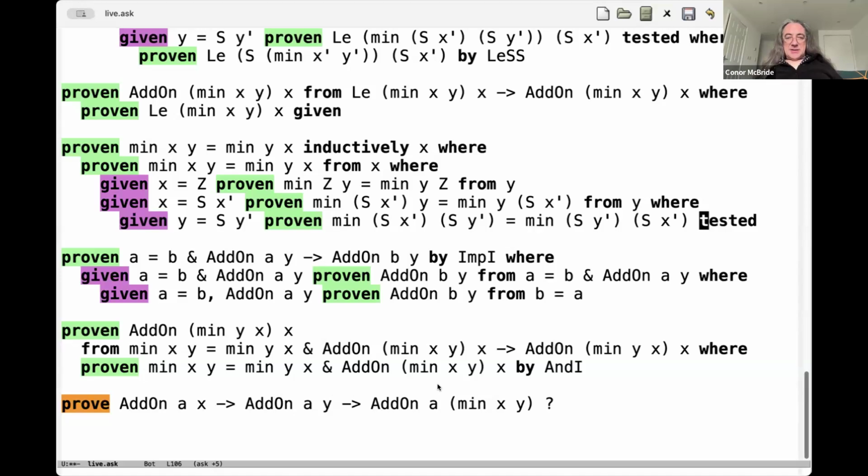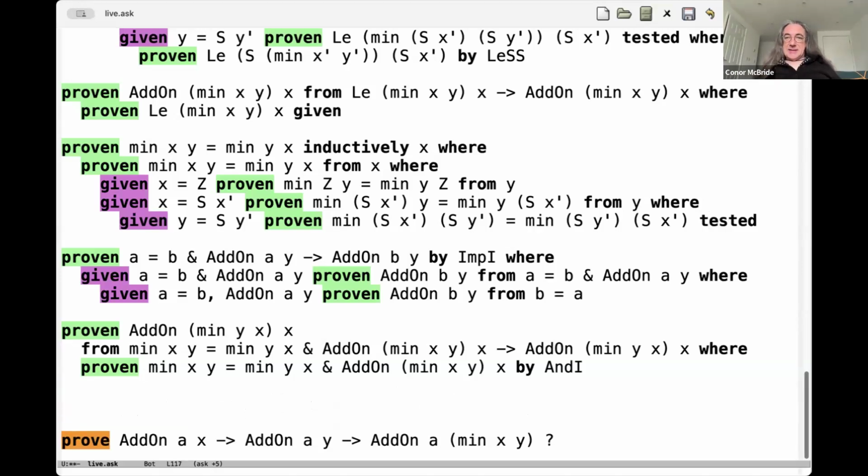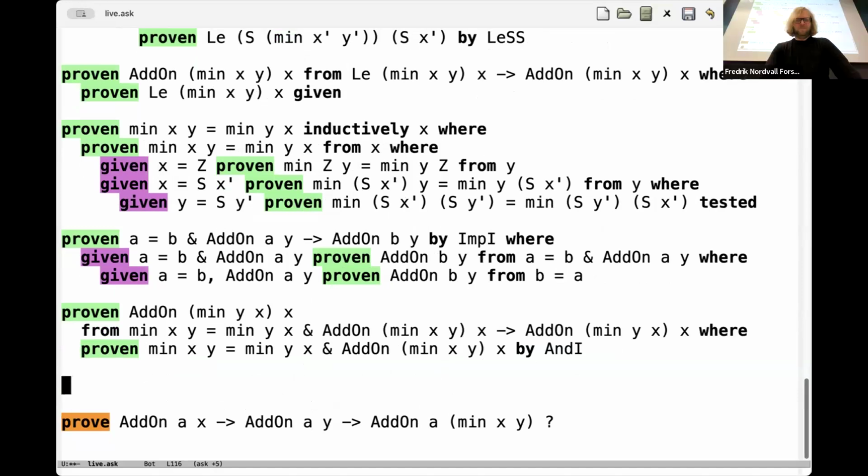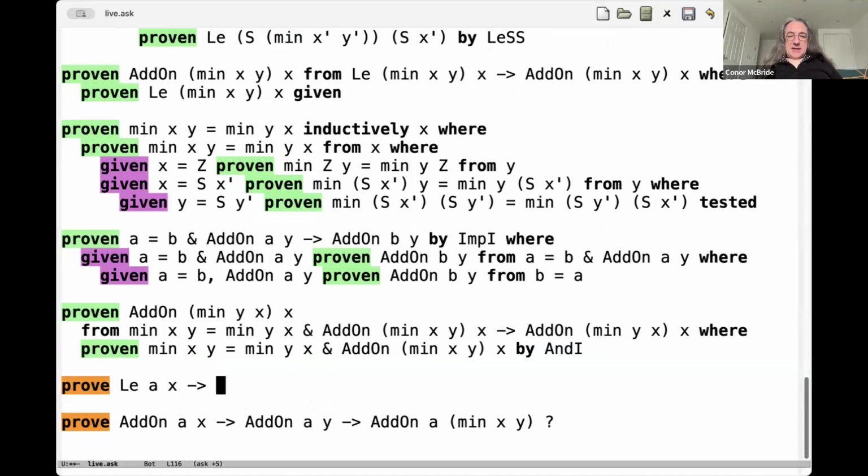Yeah, I guess what I'm actually going to do is to do it the less than way. So I'm going to prove that if I know a is less than x and I know a is less than y, then I know that a is less than min xy, because less than steps nicely with the way min computes.